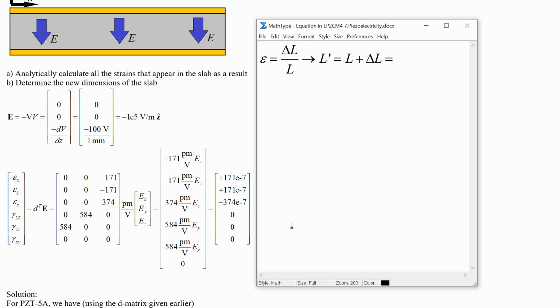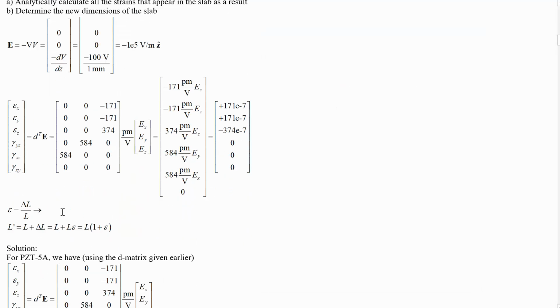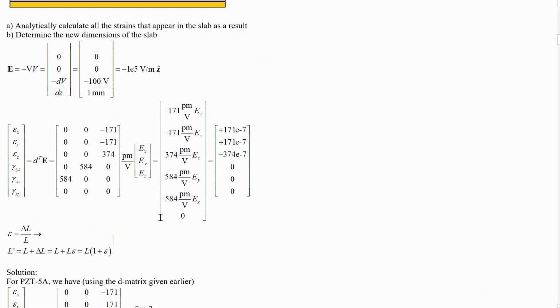And the change in length is L times epsilon. So this allows us to say that the new length is the original length times 1 plus epsilon. And this will be good as long as epsilon stays pretty small. Then we could even multiply these things together and cancel out some terms and figure out the volume from that.